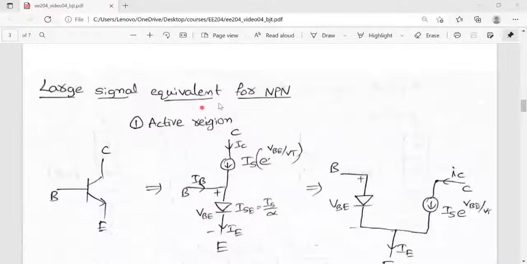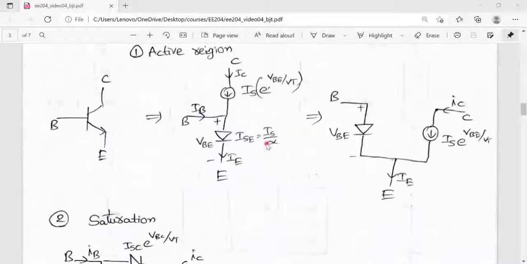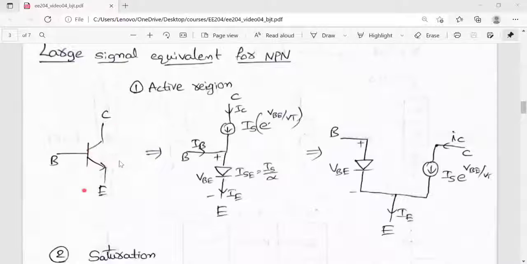The large signal equivalent for an NPN transistor in the active region can be viewed as one diode at the emitter and one current source at the collector, like this. And this is equivalent to here.